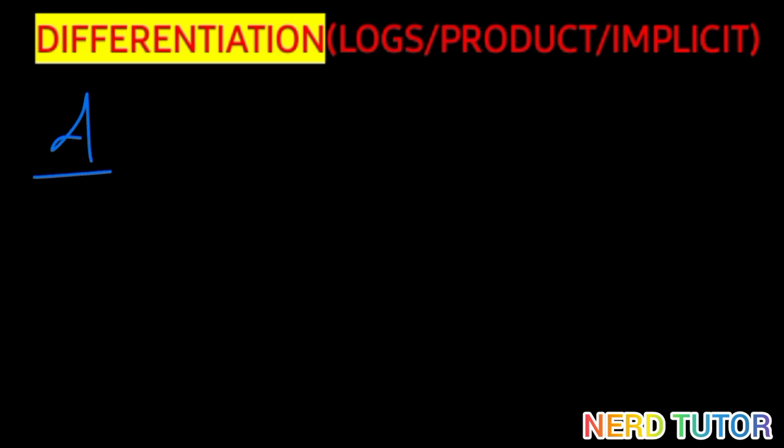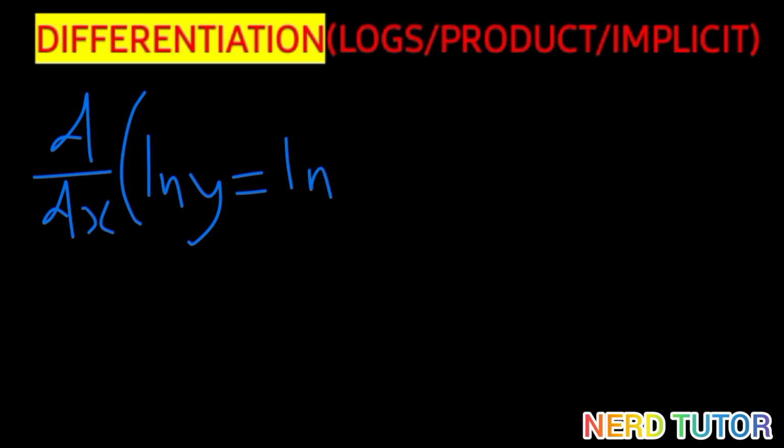The expression will be d over dx of, now if we introduce ln to this part, we're going to have ln y being equal to ln of the same expression that we had, which was x to the power sin x.